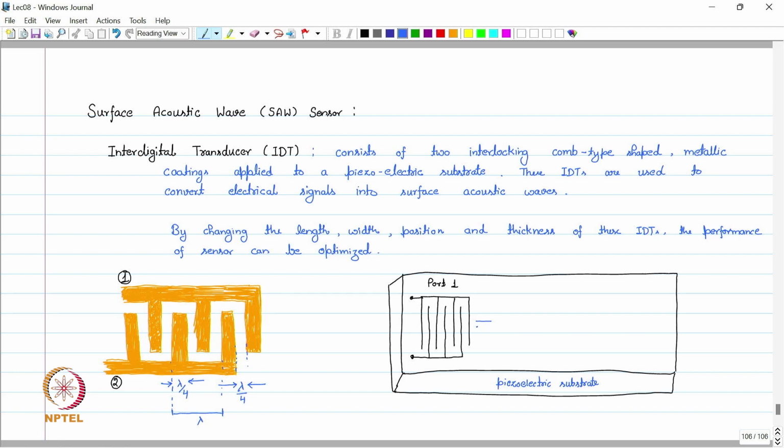Those waves will travel in this direction, and when they reach the far end, we have the same IDT structure placed here to convert it back into an electrical signal.